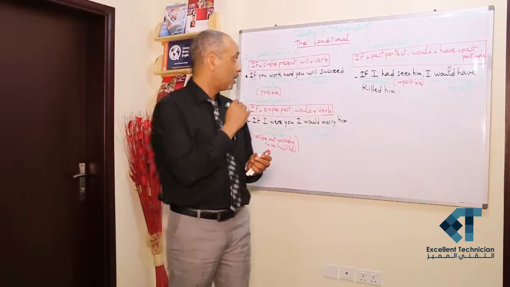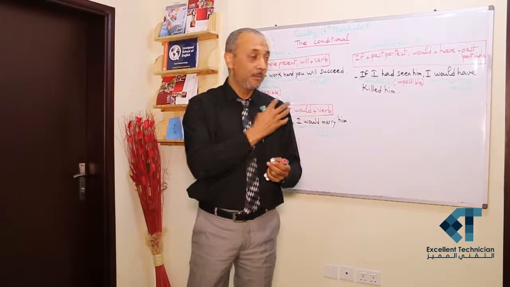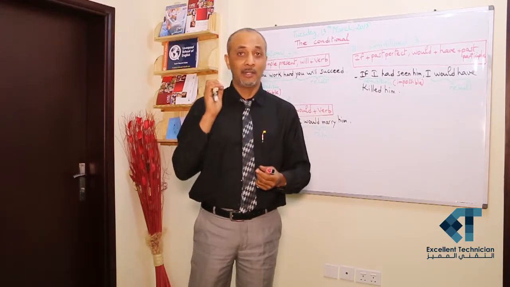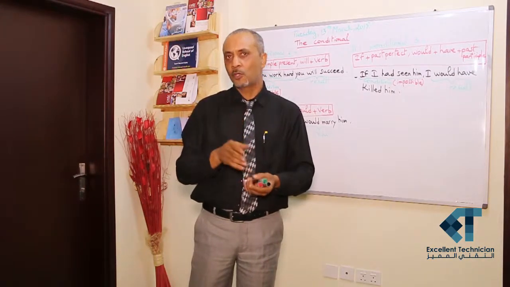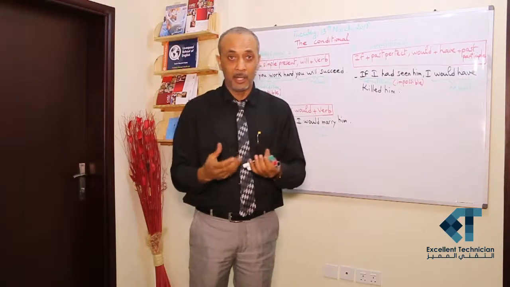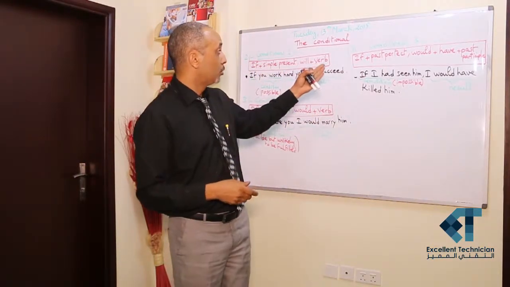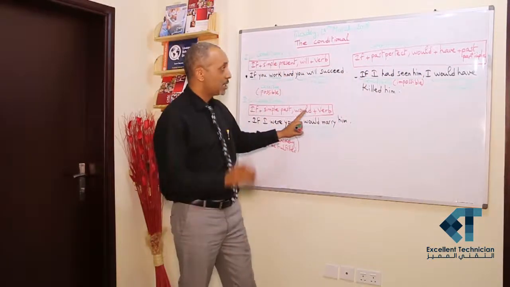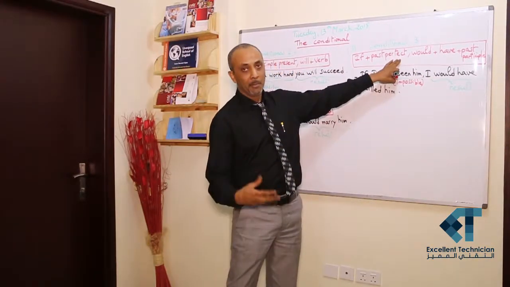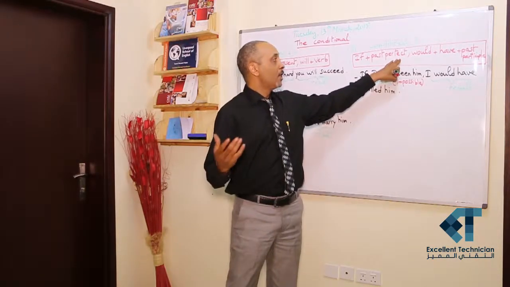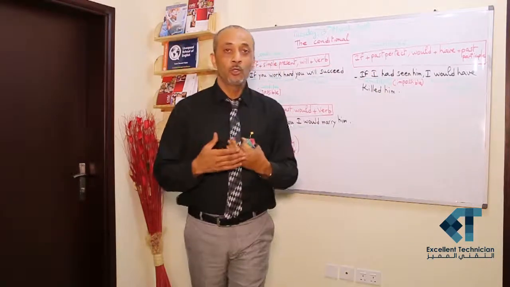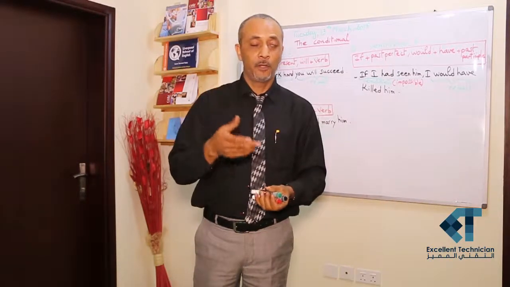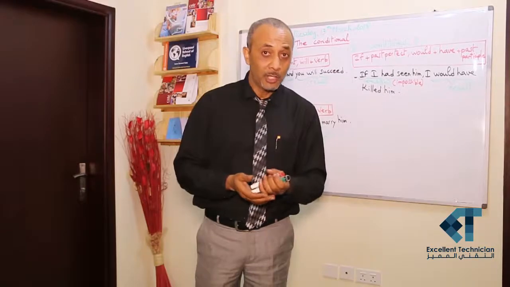I hope that you are getting some benefits from these lessons, especially this one, as it is a little bit delicate and hard for some students to manipulate according to the constructions, as you can see in the three rules. Especially the third one is the most delicate of the three.